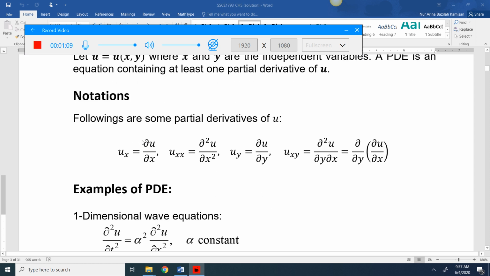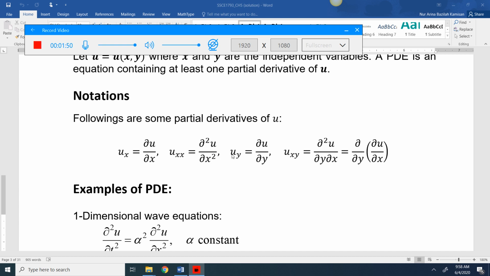Okay, so the notation is written as follows. If u is the original equation and you differentiate with respect to x, you will write it as ux, which is equal to ∂u/∂x. So for partial derivatives, we don't write du/dx, but we write ∂u/∂x. If they give you uxx, it means they differentiate with respect to x two times, so you will have ∂²u/∂x².